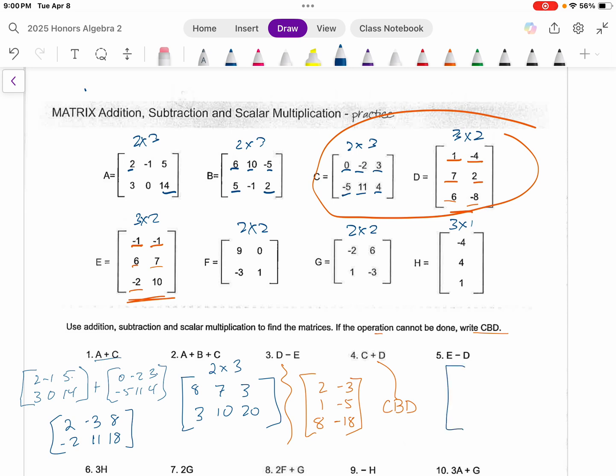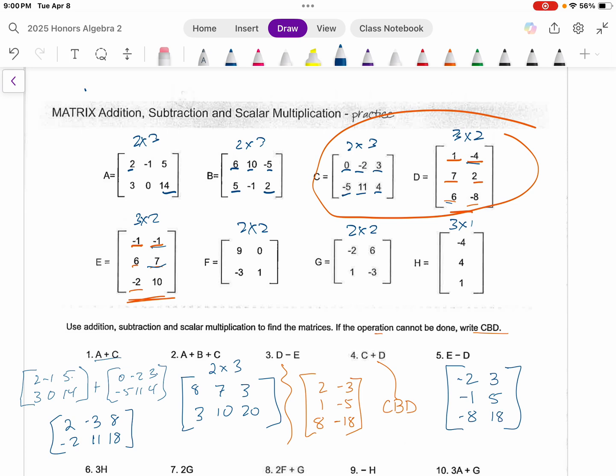So what does our answer look like? -1 minus 1 would be -2. -1 minus a minus 4 would be +3. 6 minus 7 is a -1. 7 minus 2 is 5. -2 minus 6 is a -8. And then 10 minus a minus 8 is +18.